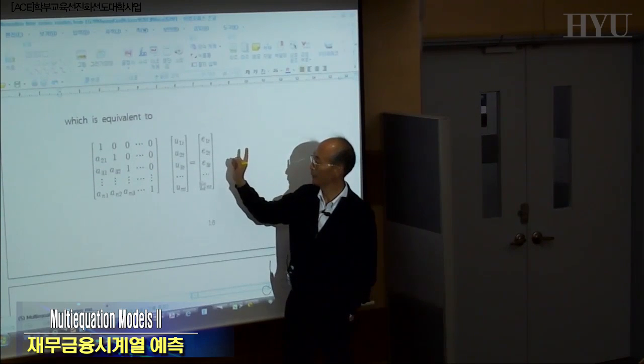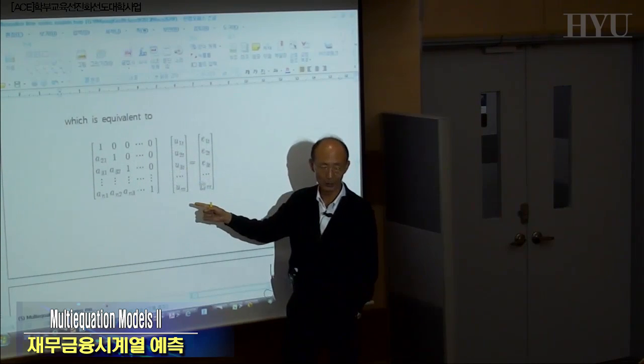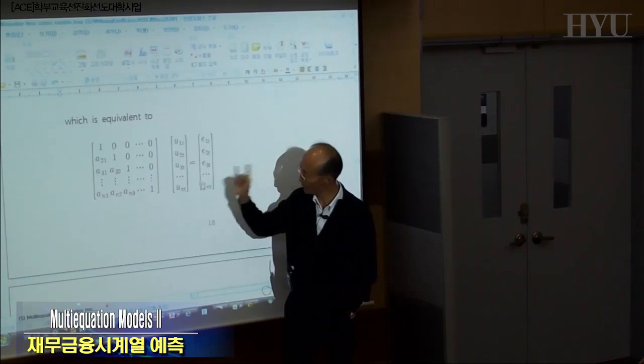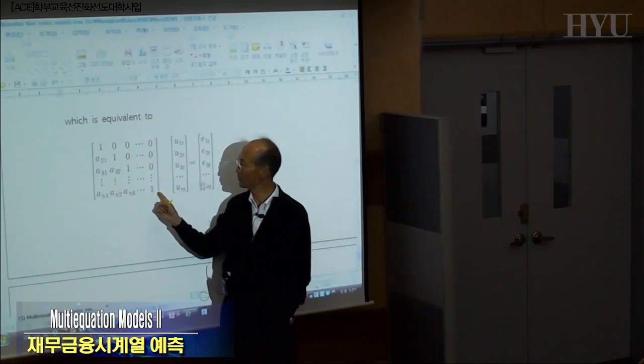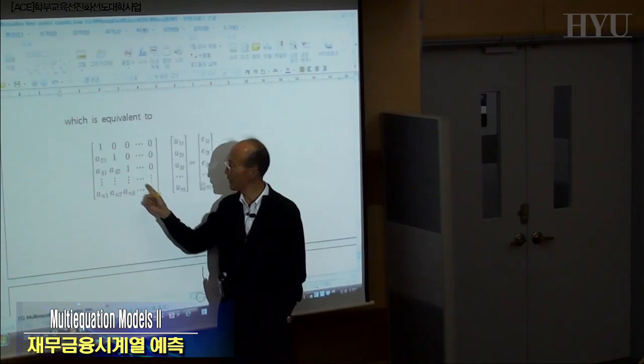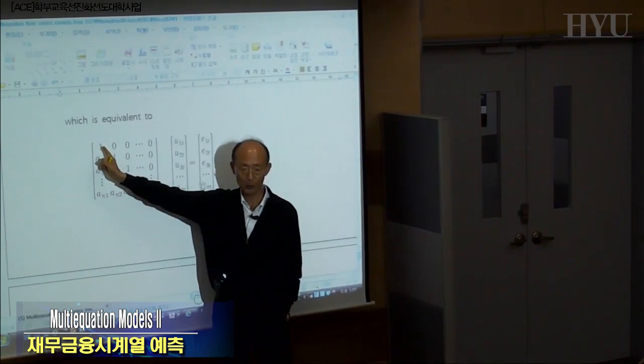So this type of recursive structure, you cannot avoid it as long as you find this A matrix using Cholesky decomposition.